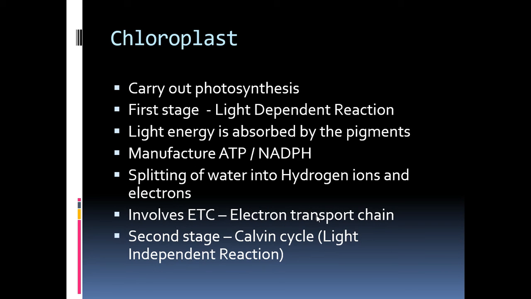So I don't want to bother you too much on the function of chloroplast because it's difficult to imagine all of the points listed here, because just like mitochondria, there will be a specific topic dedicated to discuss the function of chloroplasts in A2.